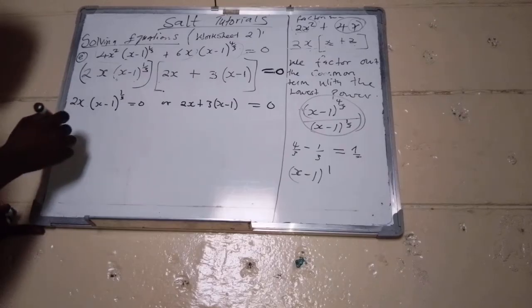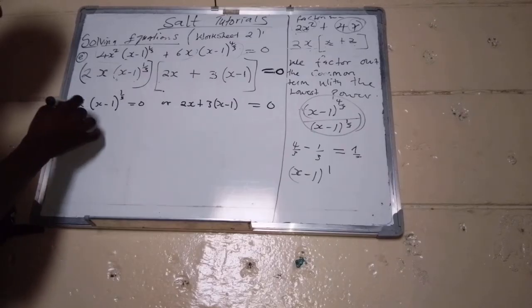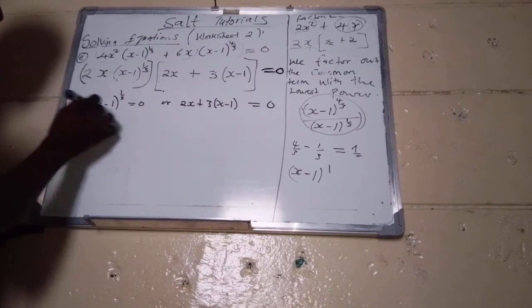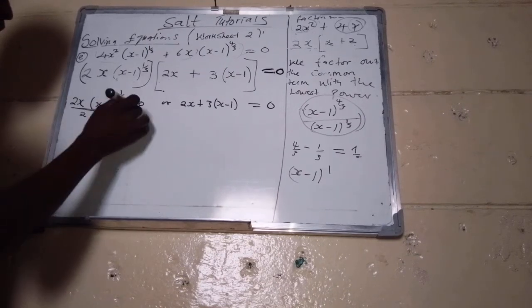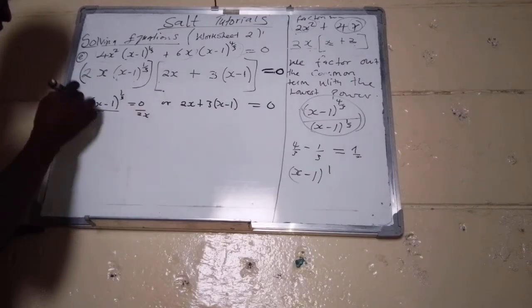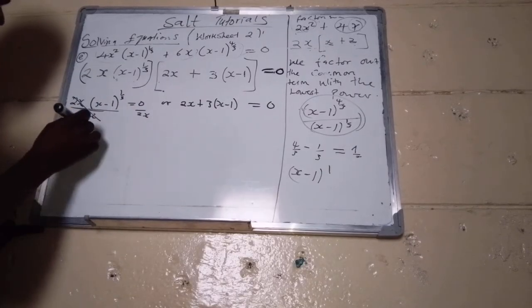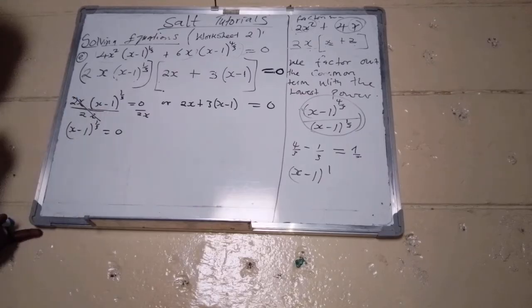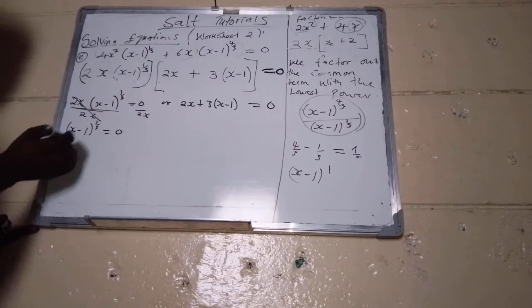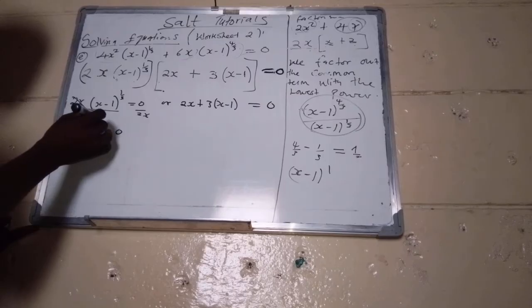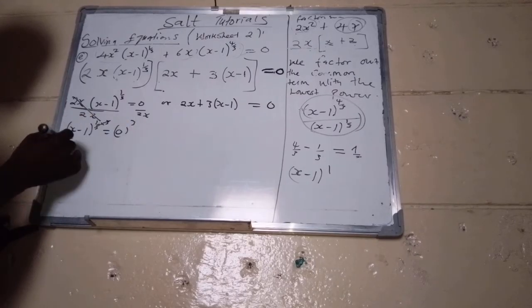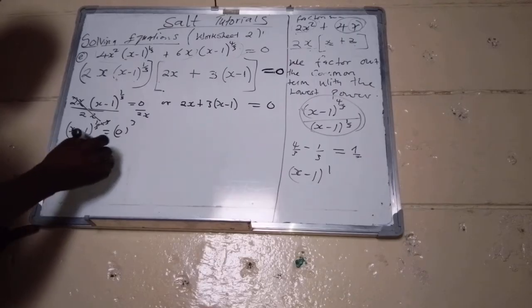We can have, this is the same as saying over 2x over 2x, so that I can have (x minus 1)^(1/3) to be equal to 0. This is a radical equation now. Delete this by multiplying by a 3, so that this goes, we have x minus 1 to be equal to 0, and x could be equal to positive 1.